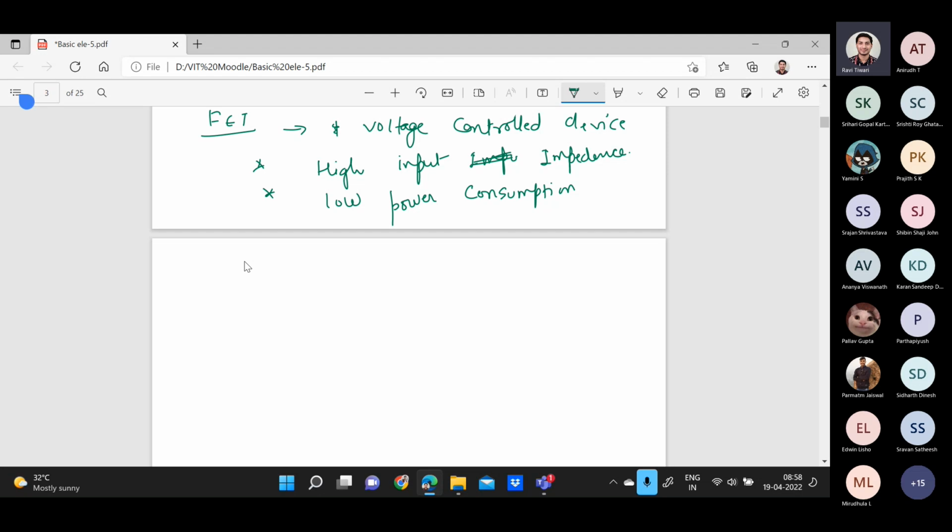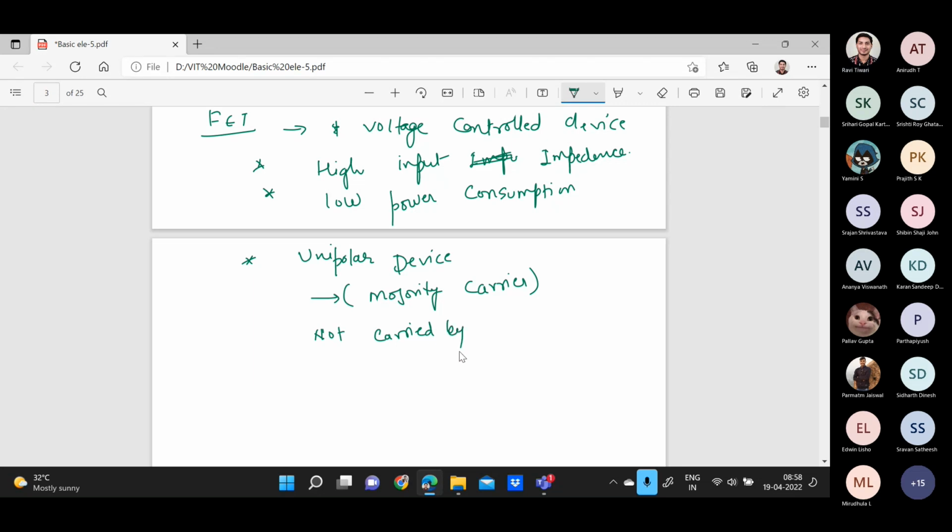And most important thing, it is a unipolar device. What is the meaning of unipolar device? Here the current will be carried only by the majority carriers. It will not be carried by the minority carrier.